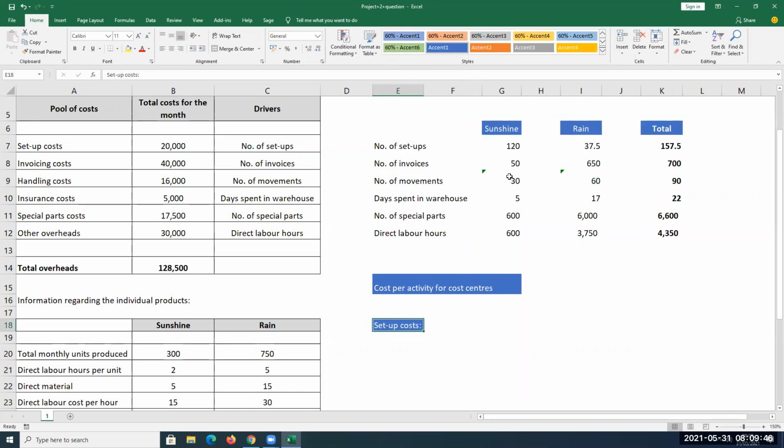Let me save this file as well. Okay, setup cost is, first of all, the cost per setup.